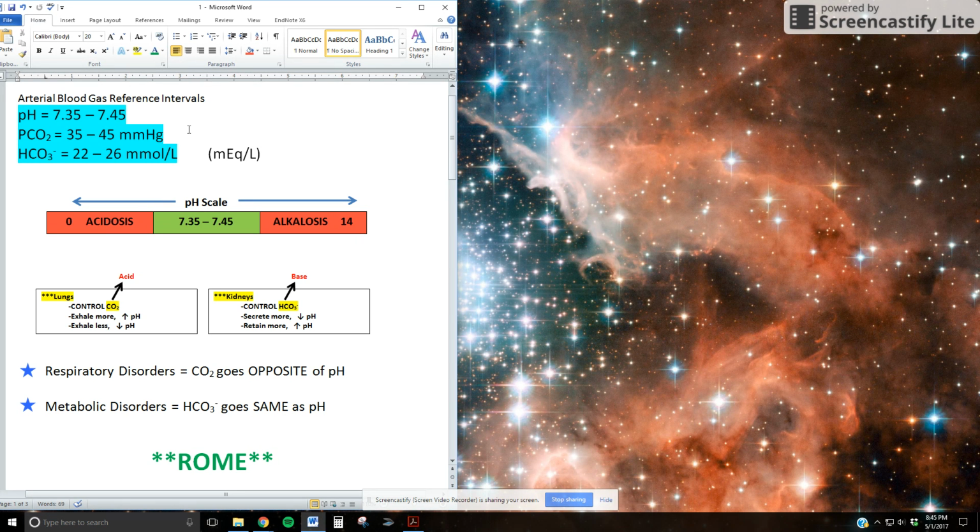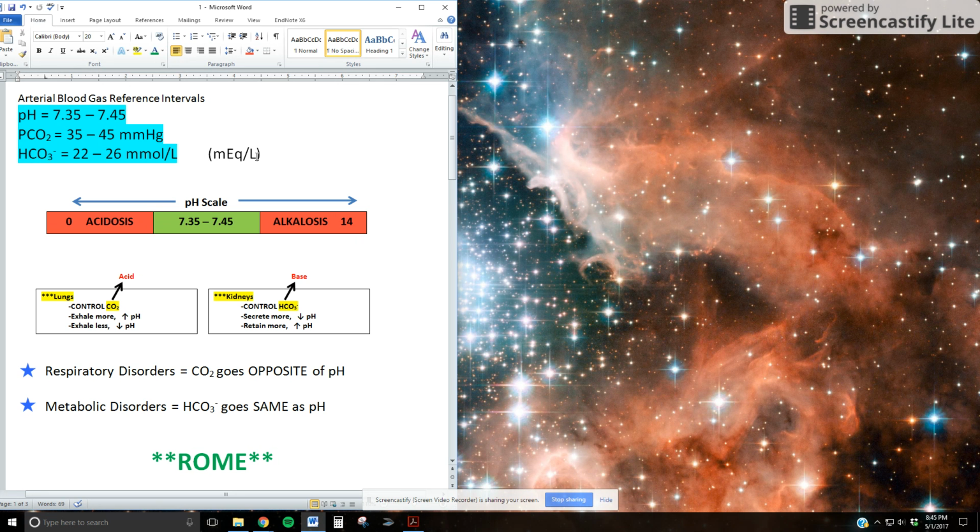There are a couple of different reference ranges for those on our AMA packet that we got a long time ago in Bridge to Clinical Prac. It was like 21 to 28, but this 22 to 26 millimoles per liter is what we see in our chem book, so I would go with that. I think that's the one they usually use.